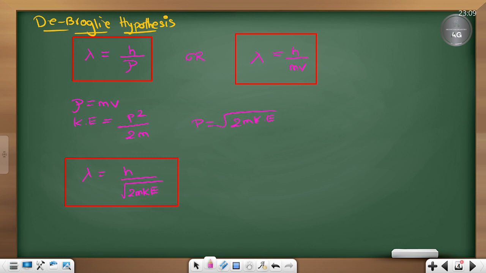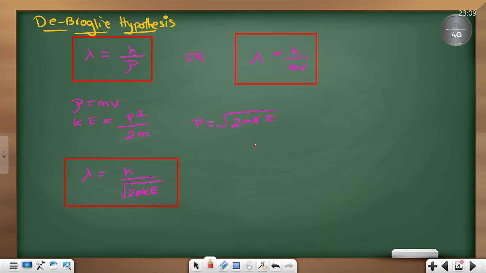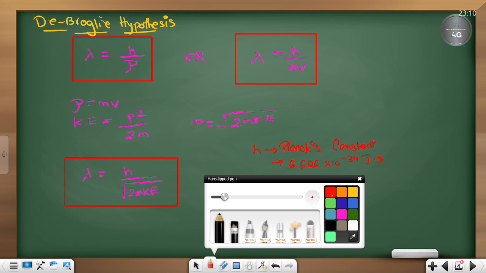Now, from here what can you see? h is a constant. Do you all know what h is? If you don't know, I am writing here: h is Planck's constant, with the value 6.626 into 10 to the power minus 34 joule second. Constant value, right?